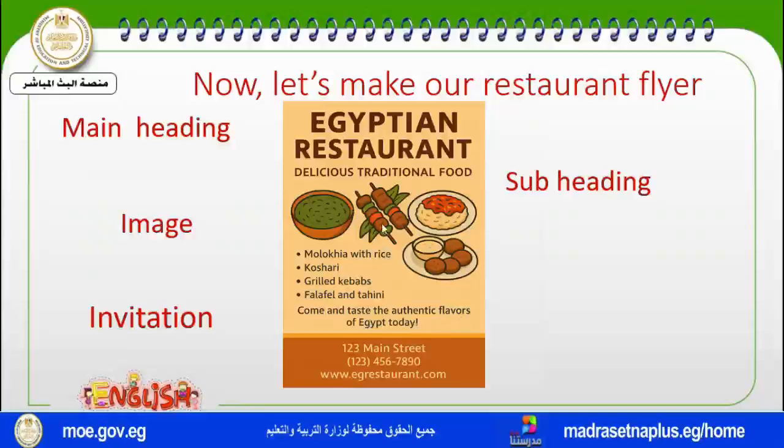These are traditional foods. And we have the contact information, where we can go to this restaurant or call them or learn more about their times, their orders, and so on. This is our flyer for our new restaurant.